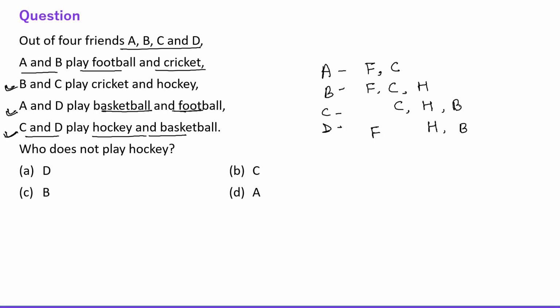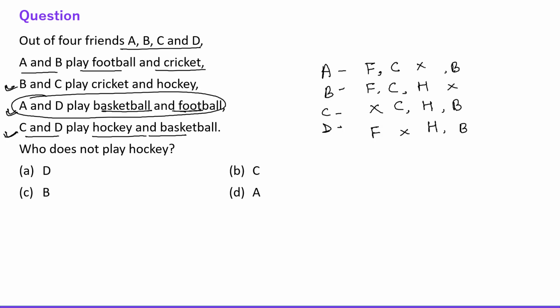Okay, right. A and D play basketball and football. This statement I need to write again. So A is also playing basketball, right? Okay, fine. So this is the table, right?